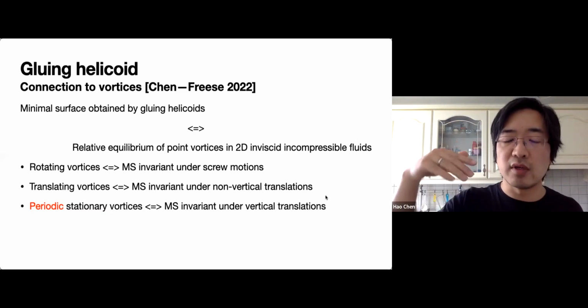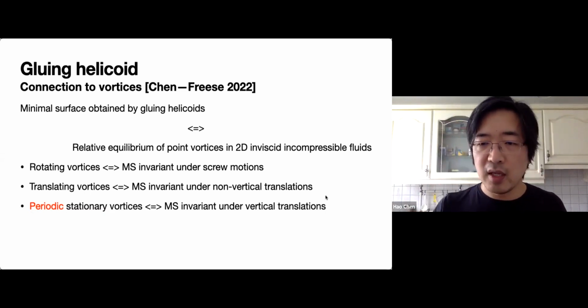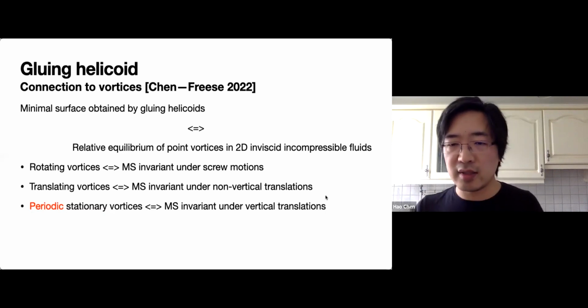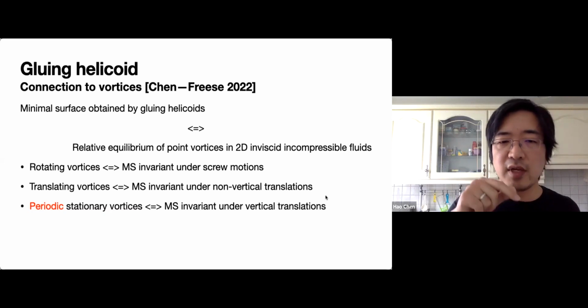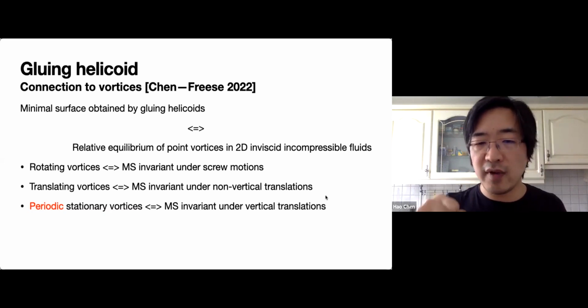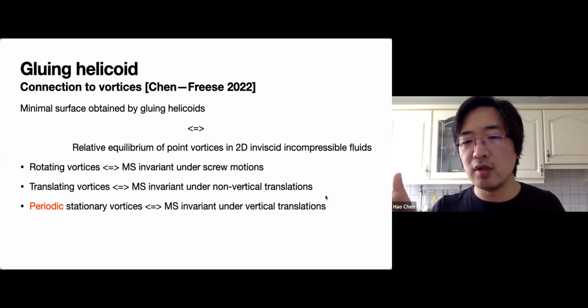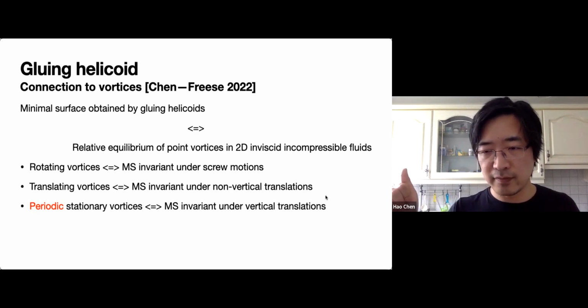So this construction was achieved before. Then when the vortices are translating as a rigid body, the same configuration of helicoids will give a minimal surface invariant under a non-vertical translation.